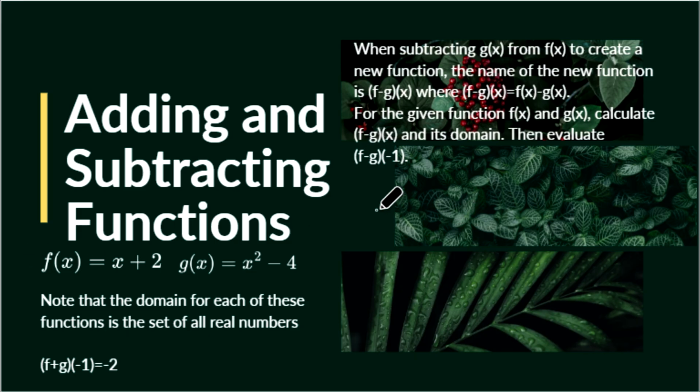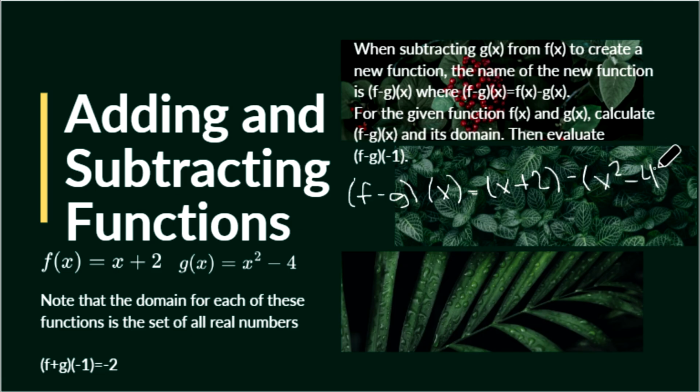So first of all, we're going to go f minus g of x to find our new formula, okay, is equal to our f problem, which is x plus 2, minus our g problem, which is x squared minus 4.